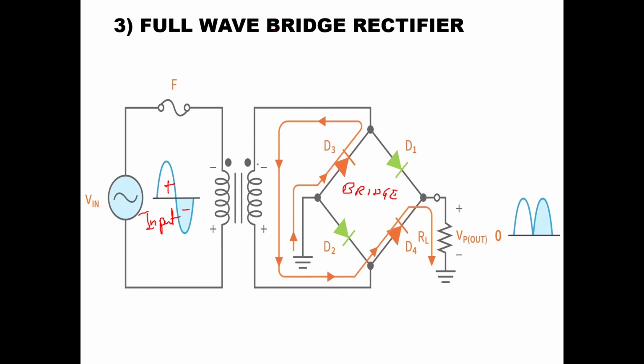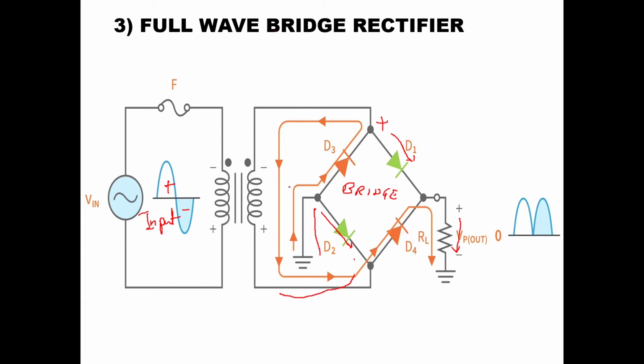So when the input is positive half cycle, that means the top point will be positive. Once this is positive, the current is going to flow through diode D1, then through the load, then through the load it will come to this ground point, and then it will come here, and through D2 it will go back to the down point of the transformer.